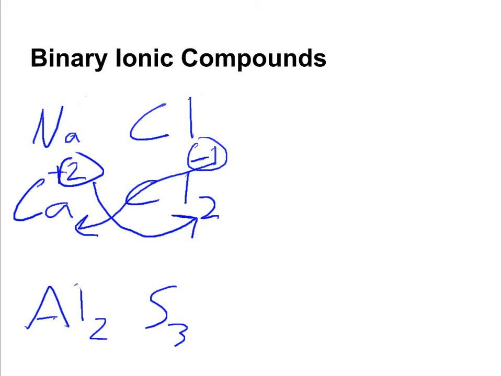To write the name of these compounds when you're given the formula, it's pretty easy. You just have to name the ions that are involved. So we see a sodium ion and a chlorine. Remember that for anions, the ending of those names is changed from chlorine to chloride. Fluorine becomes fluoride. Oxygen becomes oxide. So this first one is just sodium chloride.